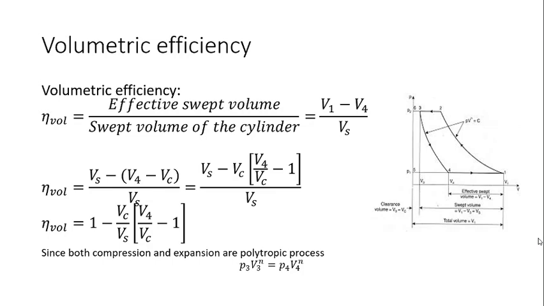Next is volumetric efficiency. See, the definition of volumetric efficiency is the ratio of effective swept volume divided by swept volume of the cylinder or compressor. Now, what is the effective swept volume? We already discussed.